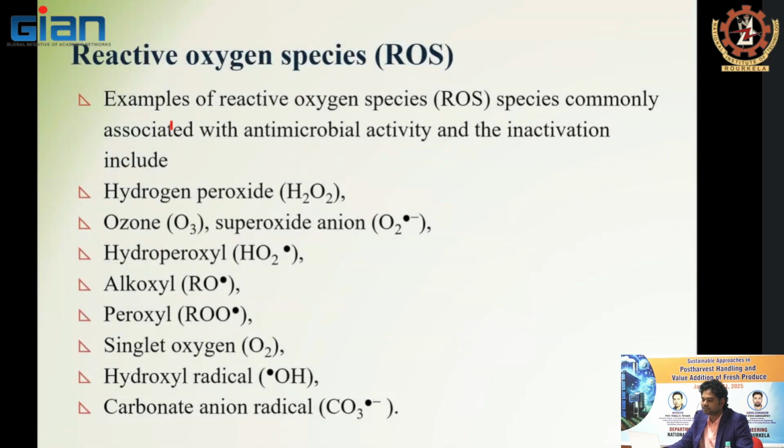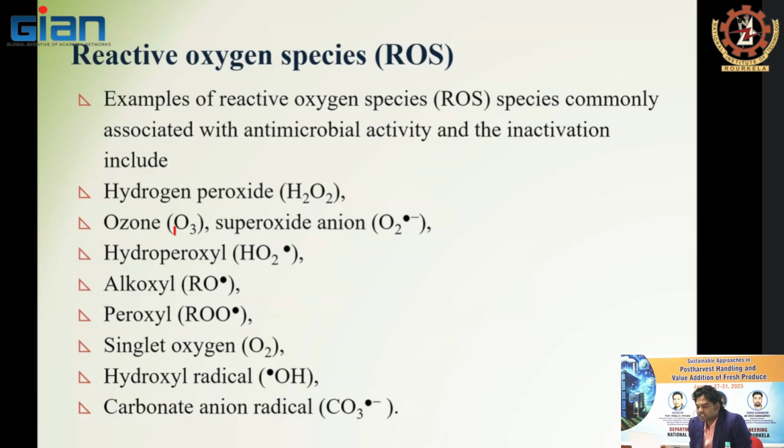If you see the reactive oxygen species, for example, if you are going for plasma production with oxygen alone, it is associated with antimicrobial activity. Mostly when you produce plasma based on oxygen, it can be widely used as a disinfectant, or it can be used as an antimicrobial plasma, because it has ozone as a major component.